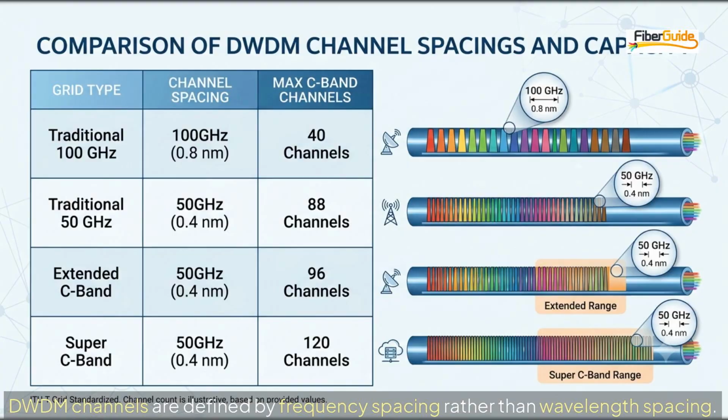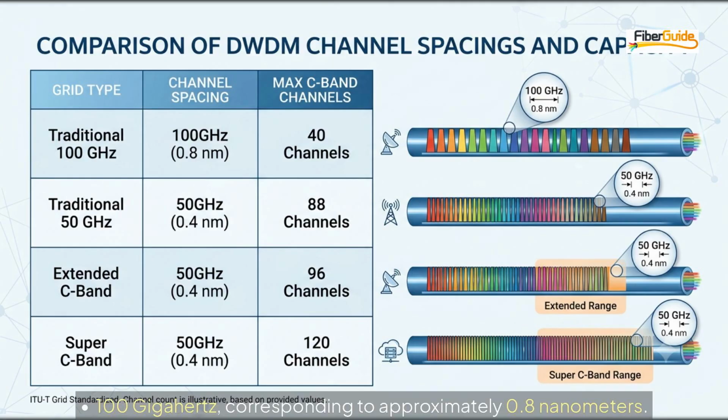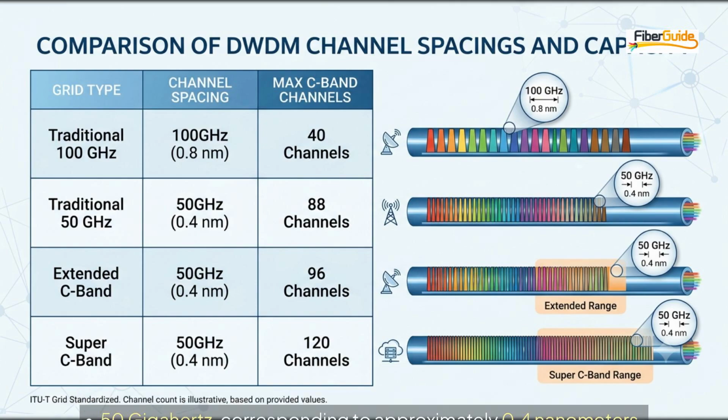DWDM channels are defined by frequency spacing rather than wavelength spacing. Historically, the most widely deployed channel spacings have been 100 GHz, corresponding to approximately 0.8 nanometers, and 50 GHz, corresponding to approximately 0.4 nanometers.